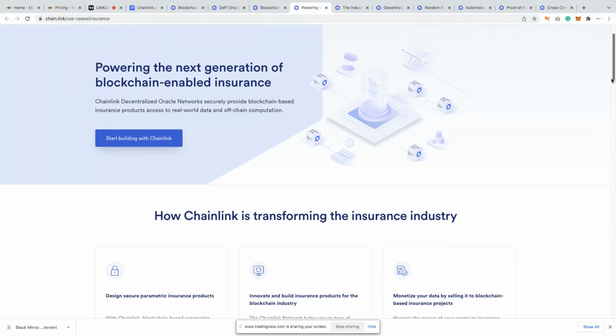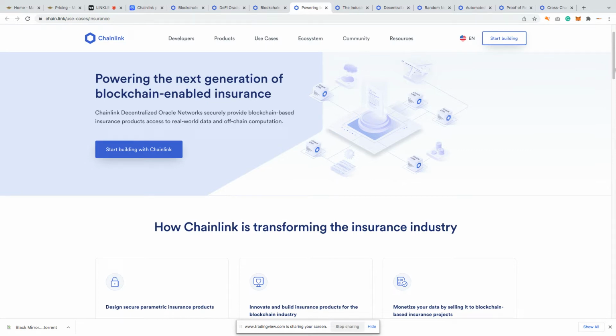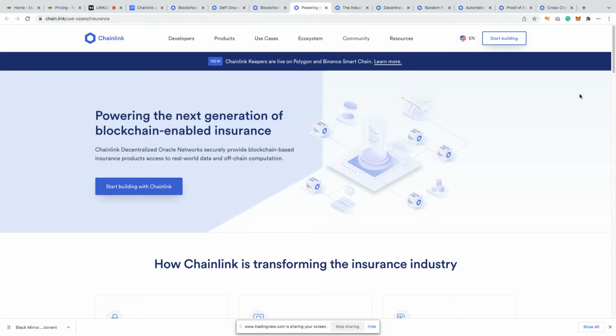Now many altcoins have different blockchains. We have the DeFi aspect, we have NFTs. So many types of blockchains are popping up, and Chainlink is going to help you connect to those blockchains faster. Now the Chainlink decentralized oracle network securely provides blockchain-based insurance products, access to real-world data, and off-chain computation.